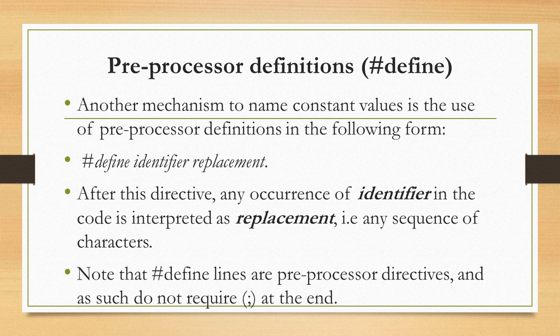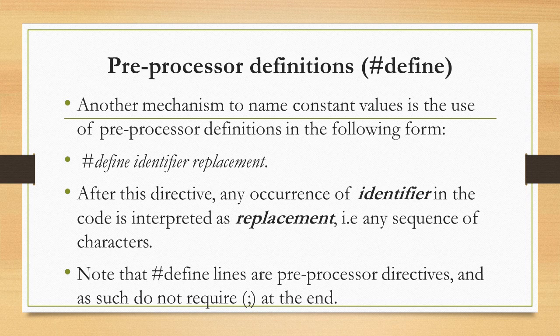All right. The next one is the preprocessor definition. The preprocessor definition is another mechanism to name constant values. And the general format is the hash sign, define, identifier, then replacement.